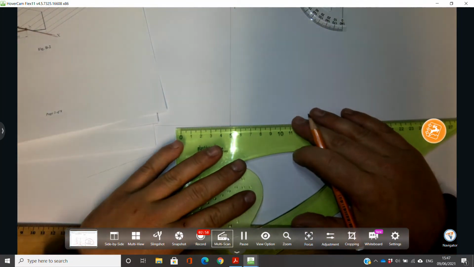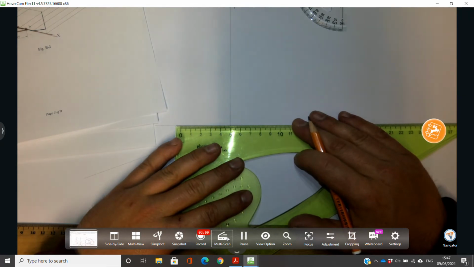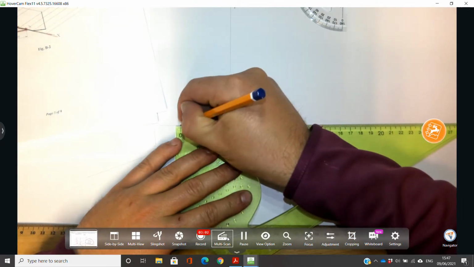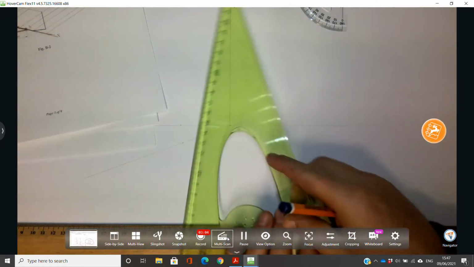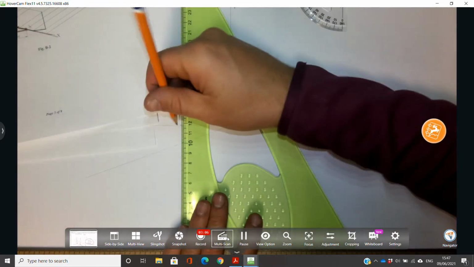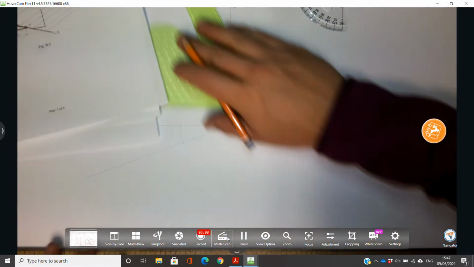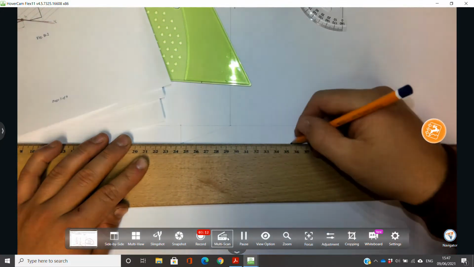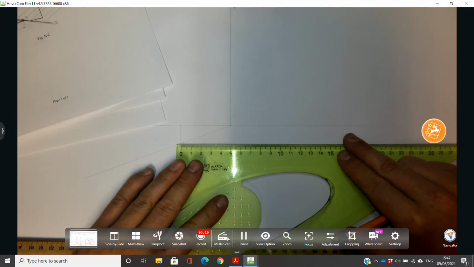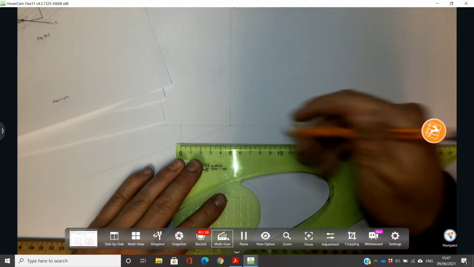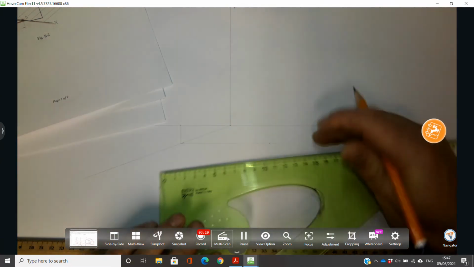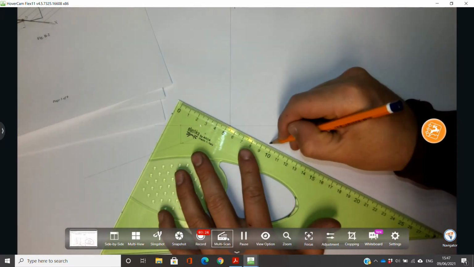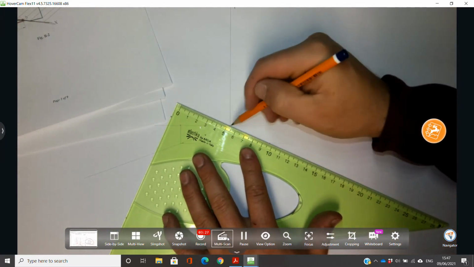Measure over 50 here from the y-axis, drop it down, and draw a horizontal line here, 90 mm, and I can join back to the origin there.